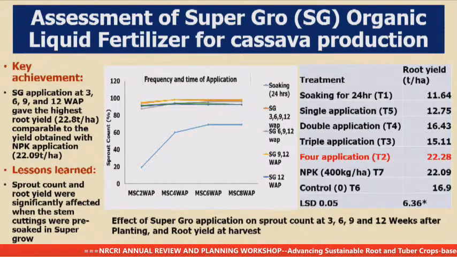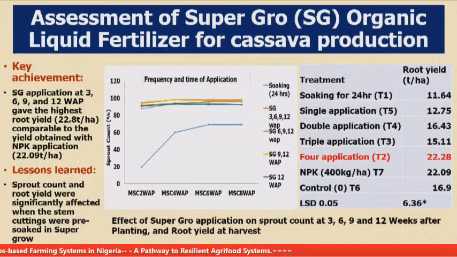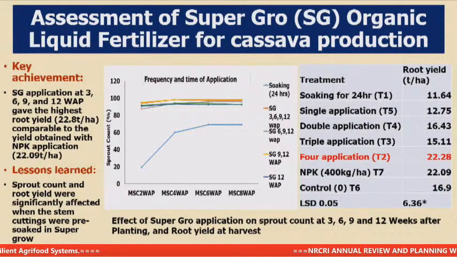So the key achievement is that the SuperGrow application at 3, 6, 9, and 12 weeks after planting gave the highest root yield of 22.8 tons per hectare compared to the yield obtained with NPK application, which gave 22 tons per hectare. Then the lessons learned: sprout count and root yield were significantly affected when the stem cuttings were pre-soaked in SuperGrow.